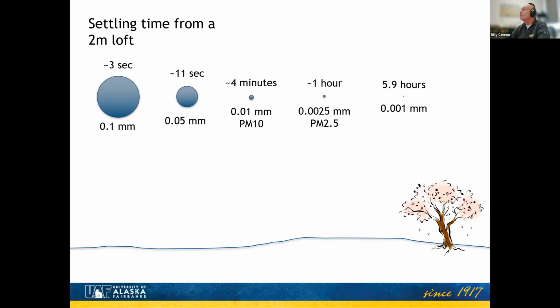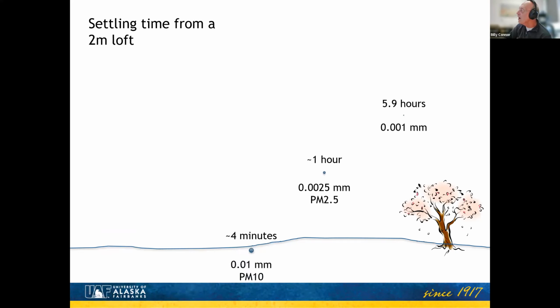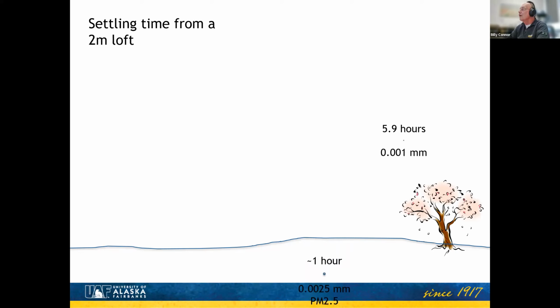But once you get down to a PM 0.001, which is really fine material, but it does exist, it can take about 5 hours. So if I push the button, you'll get some relative idea of how fast that is. You can see that if you've got turbulence in the air as well, some of these particles can actually stay aloft for days.